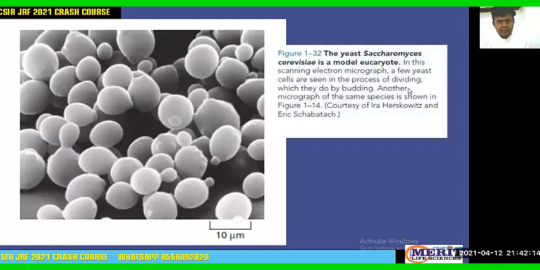For example, for the eukaryotic study, remember that question about the telomere that was asked. Do you remember, Lakshmi, that question? So many students know yeast as a prokaryote, but yeast is actually a model eukaryotic organism, right? So obviously all the facts and figures are going to apply related to the eukaryotes.